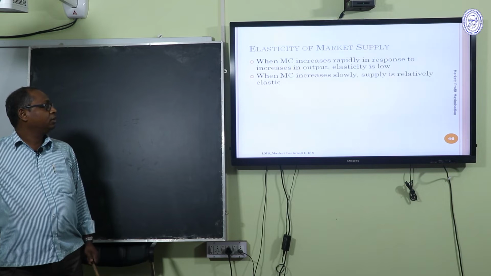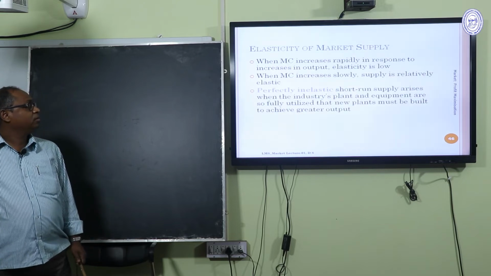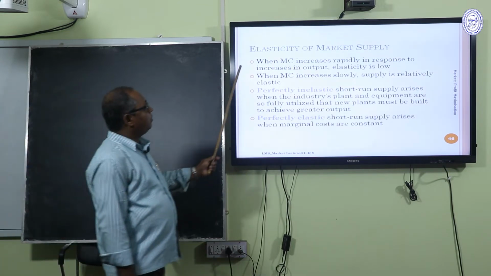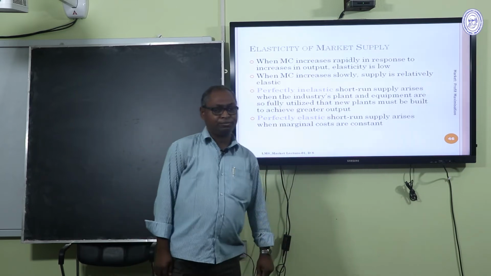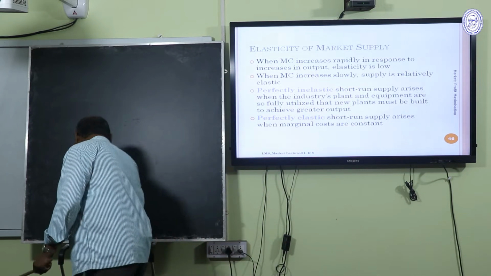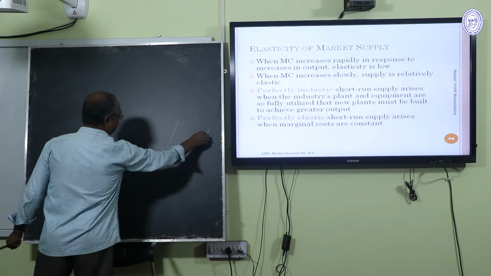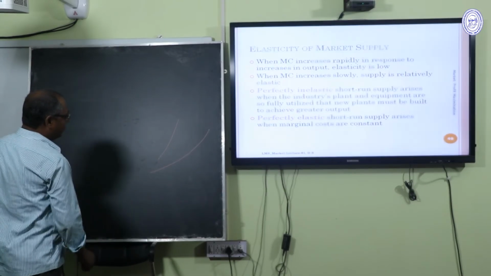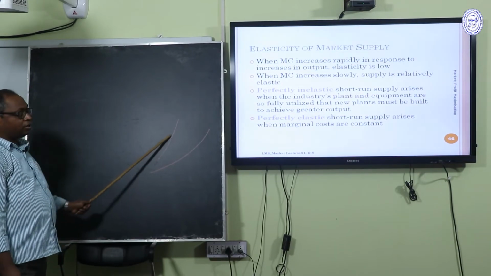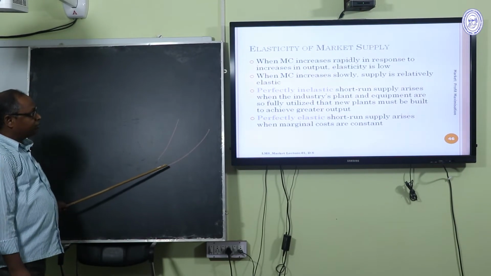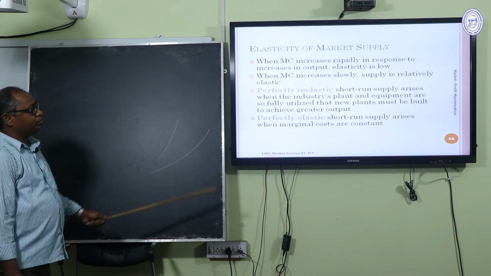And when the MC curve increases rapidly, that is, if we have this type of MC curve and this type of MC curve, here the MC curve increases rapidly and this MC curve increases slowly.